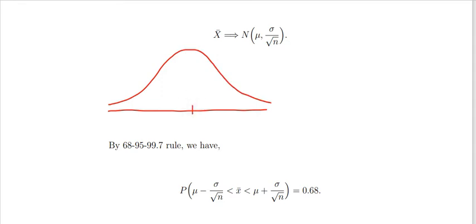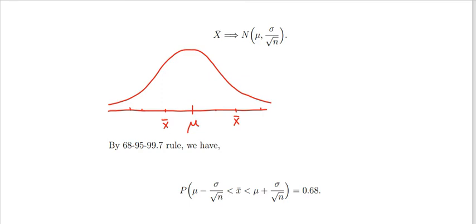The mean is the average for all, which is here, but this mu we don't know. If we take a sample, we can find X bar. The sample mean X bar may be here, or here, or here. We don't know. The only thing we know is that X bar will follow such a normal distribution.